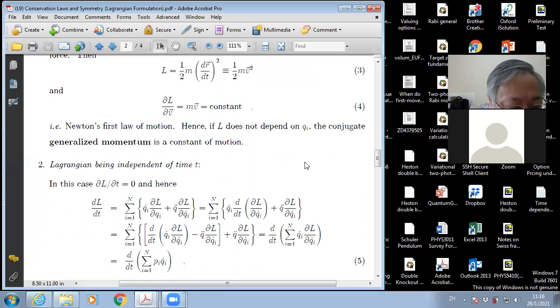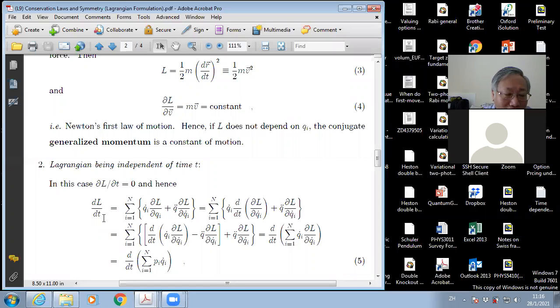The second example is a Lagrangian which is independent of time t. So it does not depend on time at all. It depends on qi and q̇i only. In this case, we realize that ∂L/∂t must vanish because it does not depend on time explicitly. And if we want to find the differential of L with respect to t, we will apply the chain rule, since L is a function of qi and q̇i only, and qi and q̇i are functions of t.